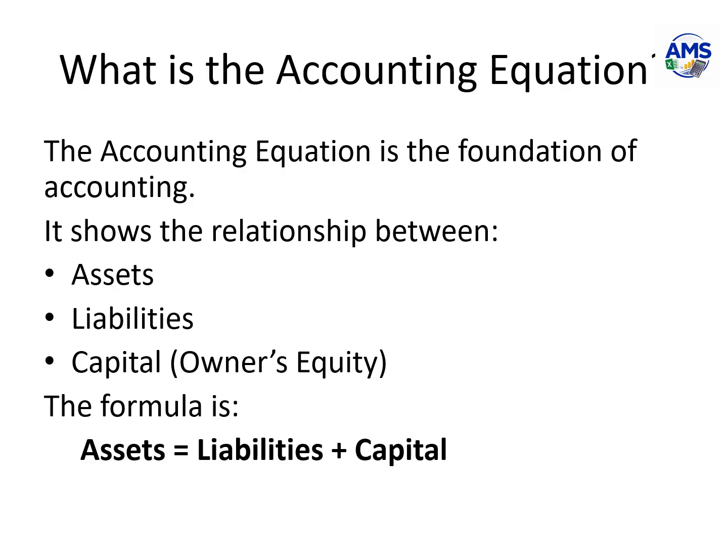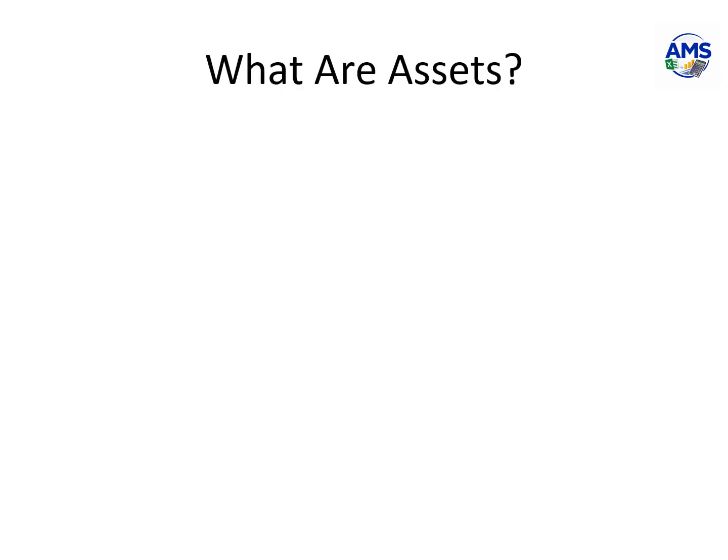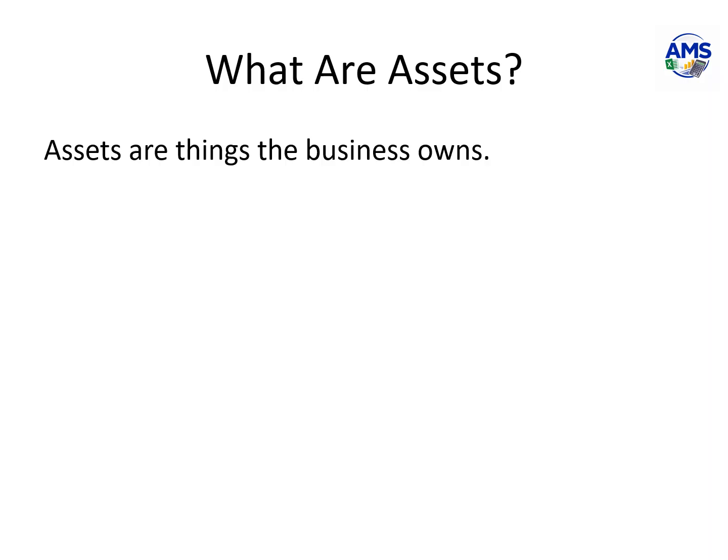Everything in accounting comes back to this equation. Assets equals liabilities plus capital. Let's break it down by explaining each word. What are assets? Assets are things the business owns.